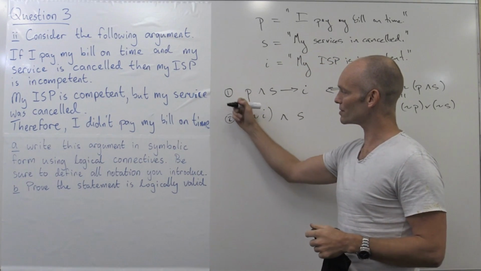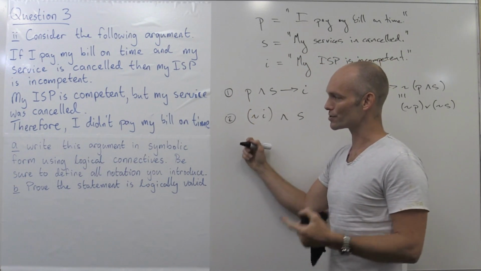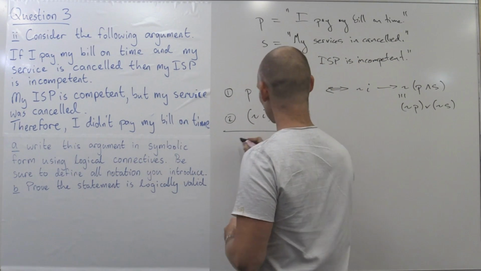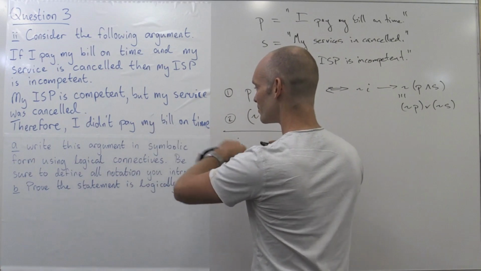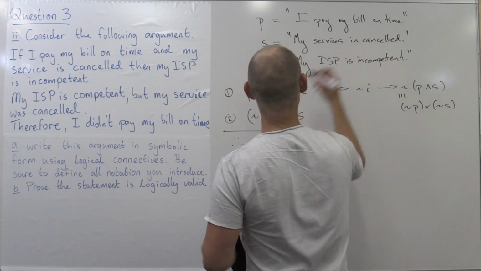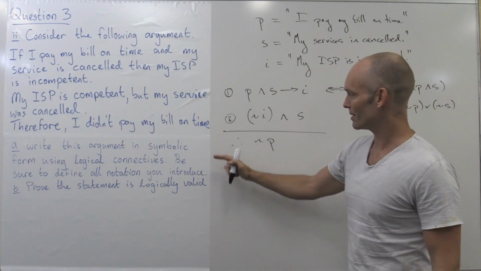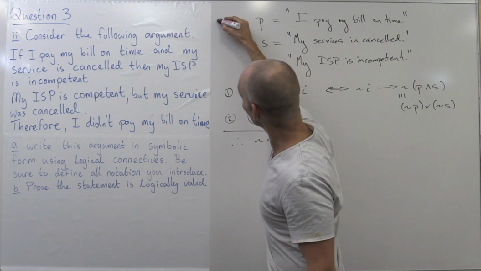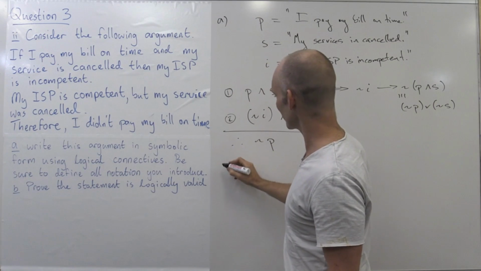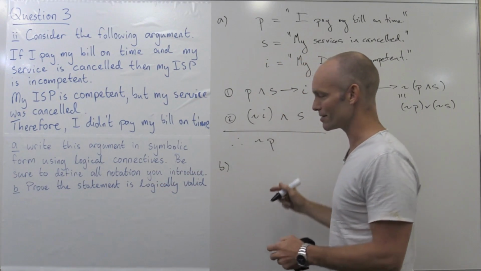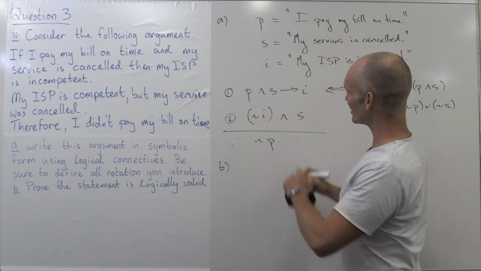Okay, so these two statements are what we assume, and then we conclude, therefore I didn't pay my bill on time. So that was not P. This was part A, and this is now going to be part B, where we show that this statement is logically valid.